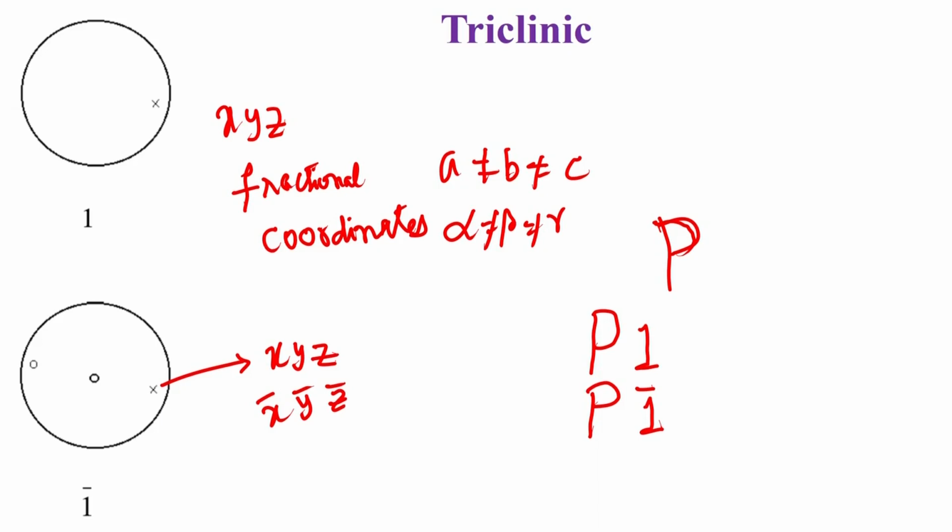So, the triclinic system will have 2 possible space groups. These are referred to as the space groups P 1 and P 1 bar. So, here we introduce the notation, the next point in the grammar, that is the definition of a space group.